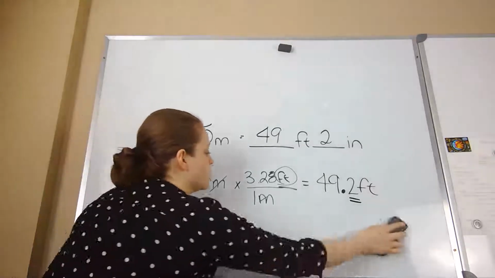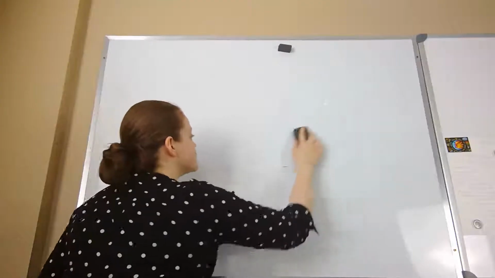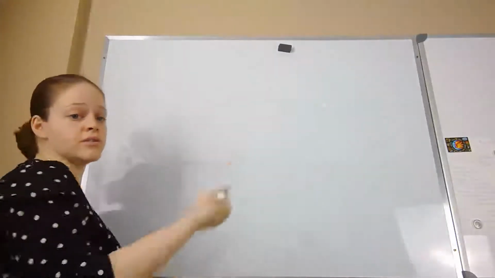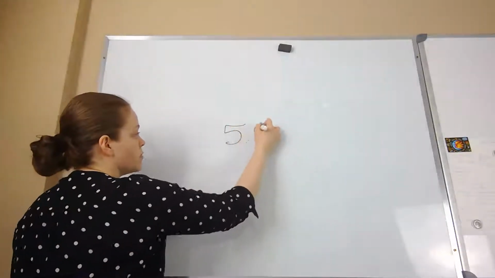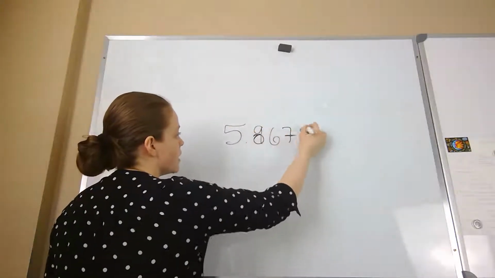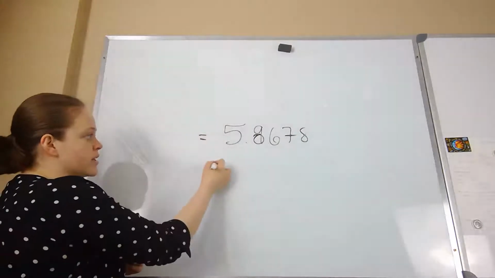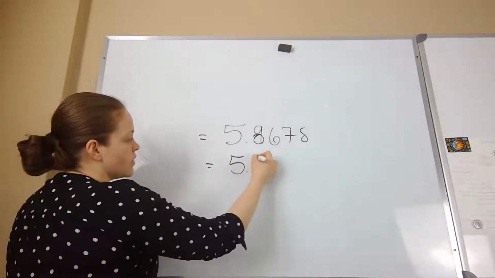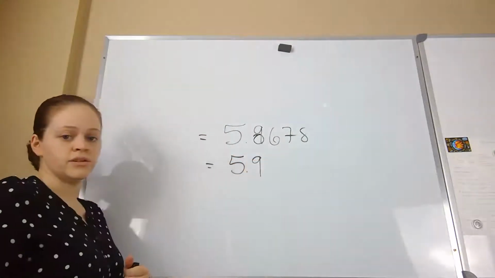What I mean by that is, in your answers, you want to have something like, if this was 5.96, or let's make that an 878, that's what your calculator gave you. Then I would show that it's 5.9.